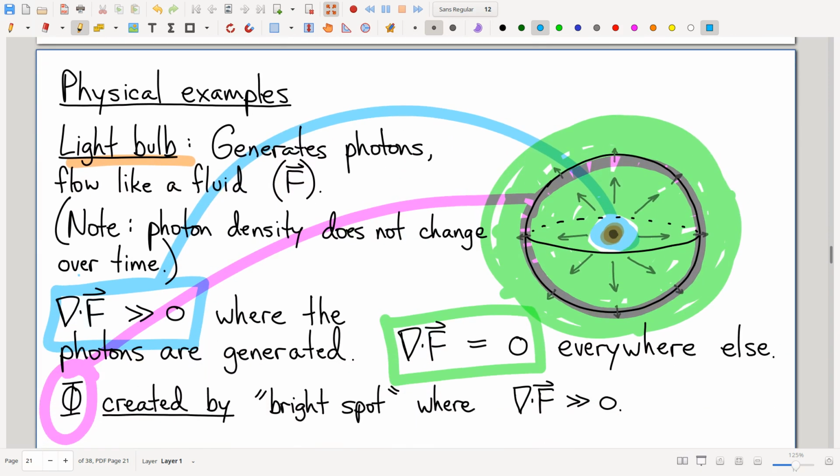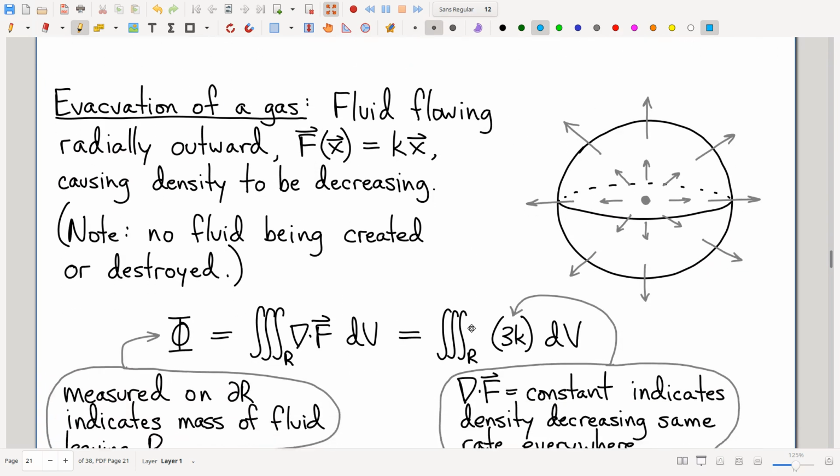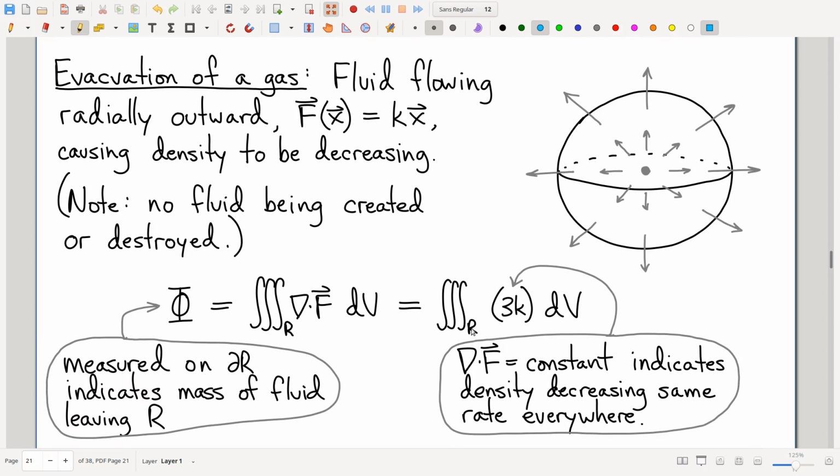Okay, let's do another example, another physical example. This next physical example is about a different kind of fluid. Not just a different substance, but a qualitatively different kind of fluid. So here we're going to talk about a gas. And in particular, I don't really care what kind of gas it is, whatever, helium, hydrogen, who cares?